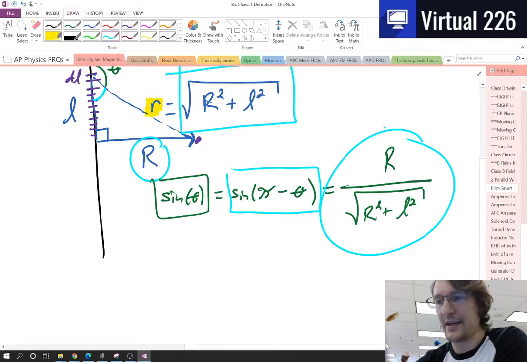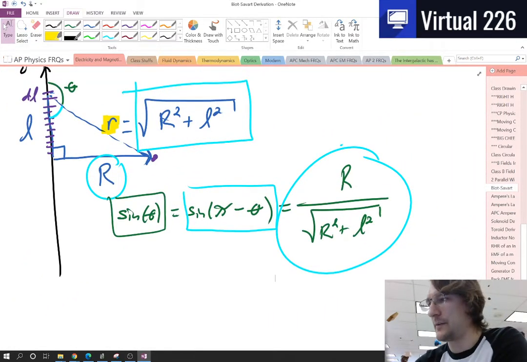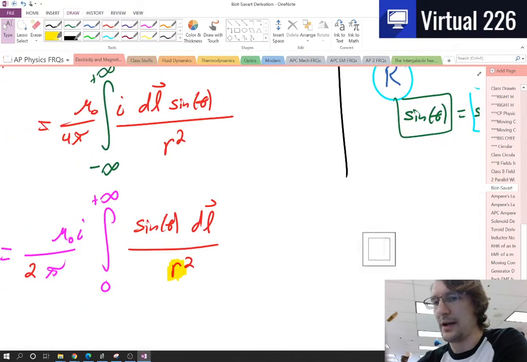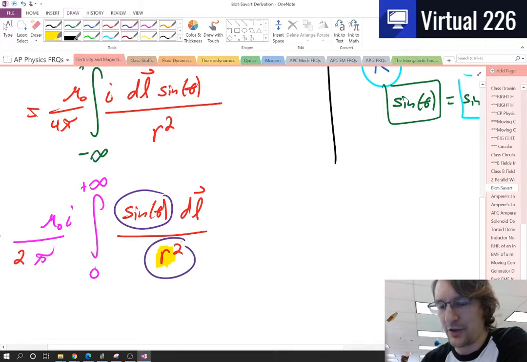If we take this, which is sine of theta, and we dump it back into this equation here, we can write the following. And this is kind of a weird thing to write because it's going to work itself down. We have a sine of theta term, and we've got this r squared term here.